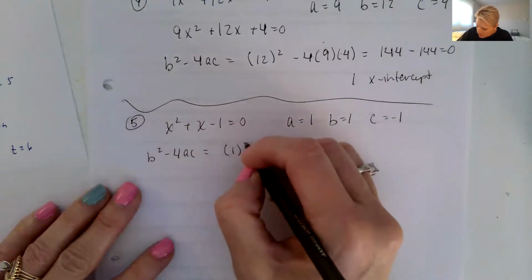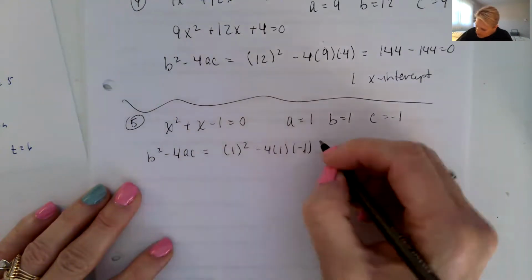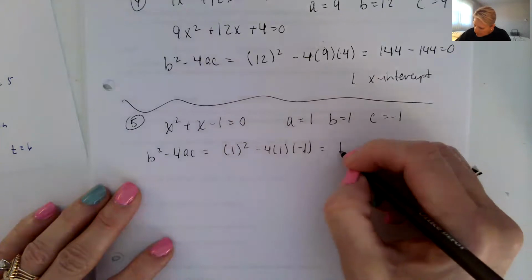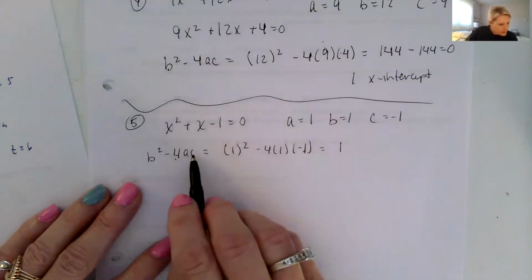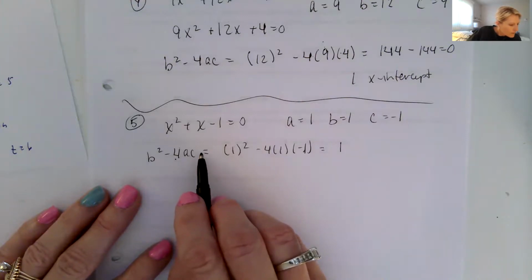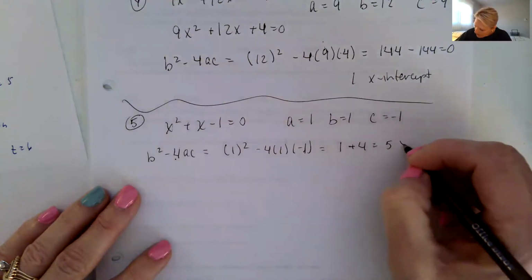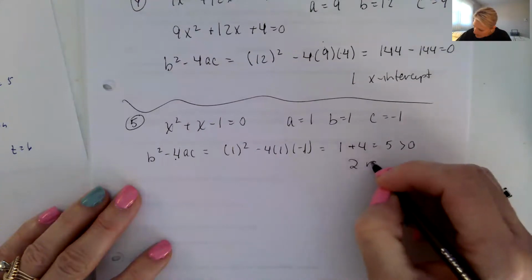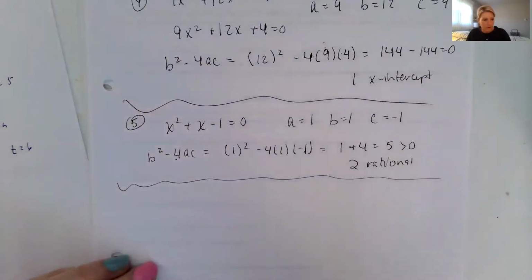So we have 1 squared minus 4 times 1 times a negative 1. This one comes out to be 5, so it's two rational solutions, because it's greater than 0. Let's try to find one that comes out to be less than 0.